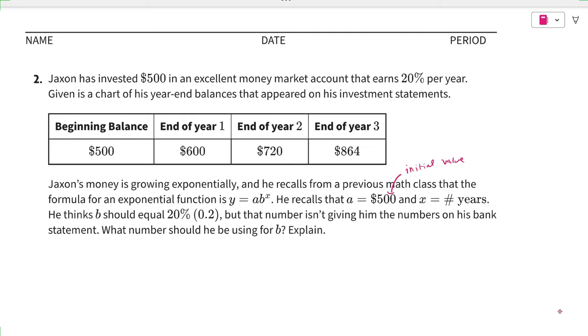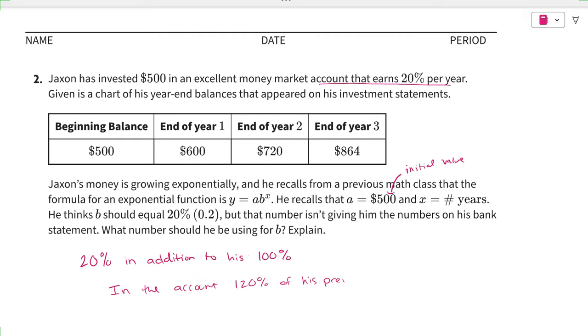Explain. So his account earns 20% per year. So it's 20% in addition to his original 100% investment. So really the amount he has in the account is 120% of his beginning balance.